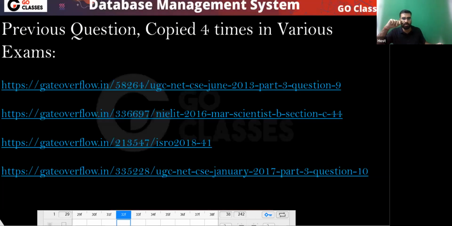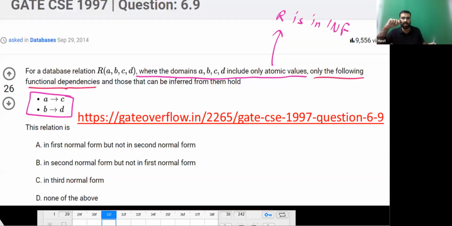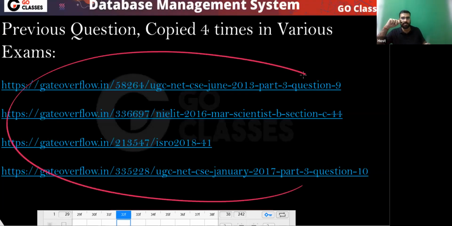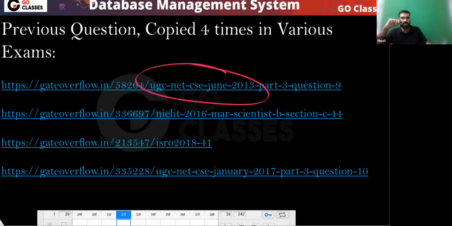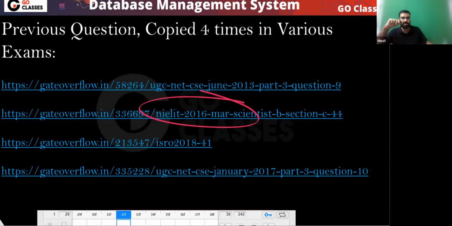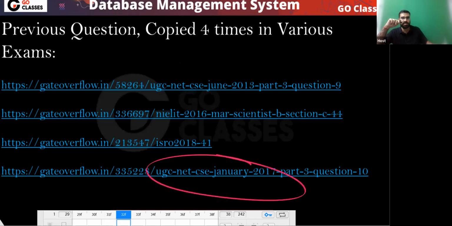Let me tell you one thing. This exact same question has come, not even a word or a comma changed, four other times: GATE 1997, UGC 2013, NIELIT 2016, ISRO 2018, and UGC 2017.